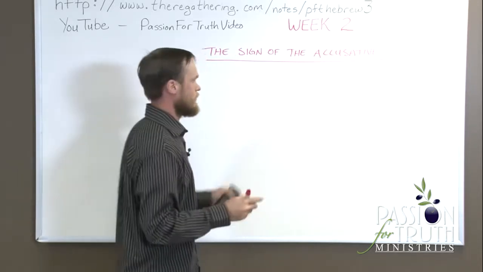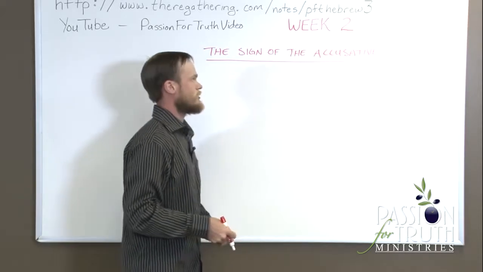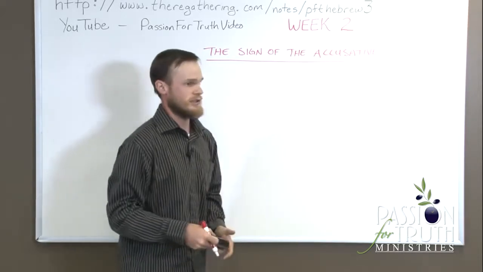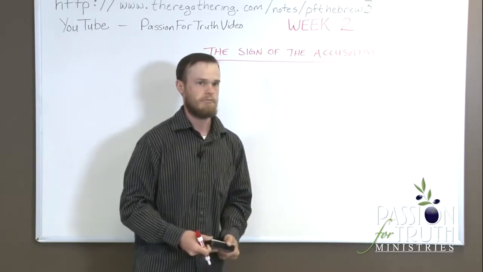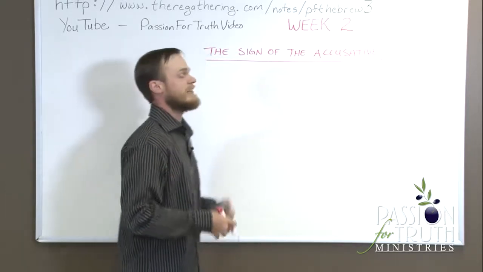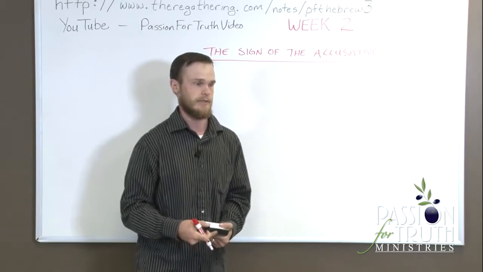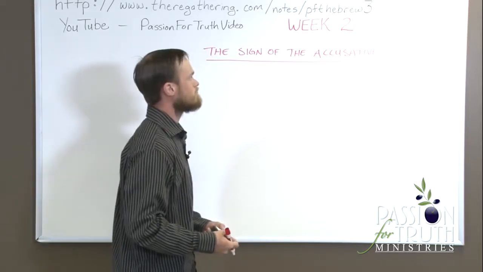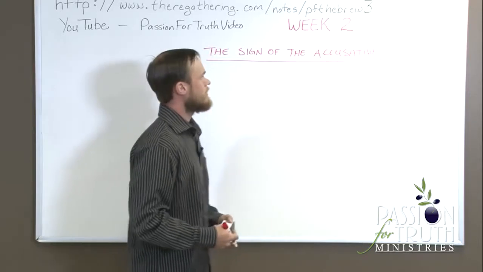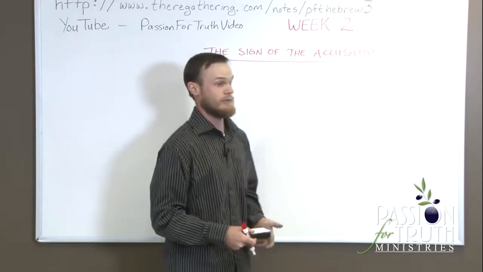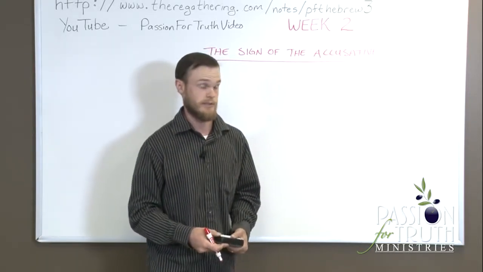Just a quick little linguistic note: if you ever see the term accusative in linguistics, it's referring to the object of a sentence. So the sign of the accusative is an indicator that something is the object of a sentence. Just for contrast, the nominative is always referring to the subject of a sentence.